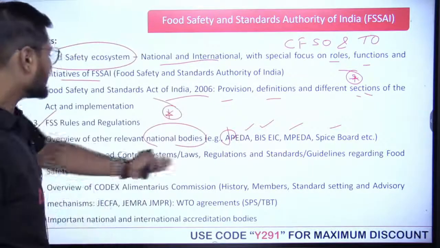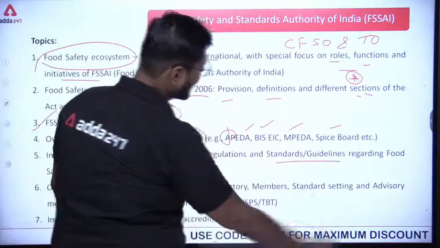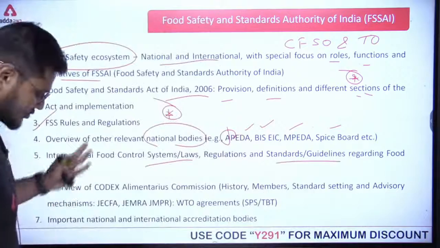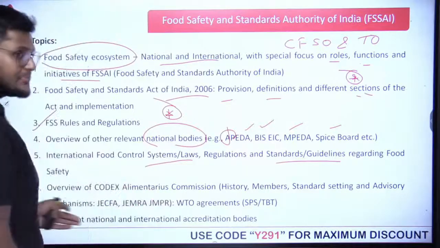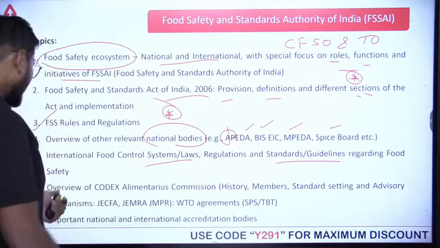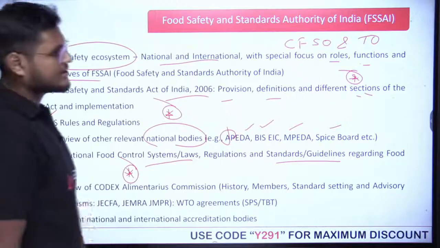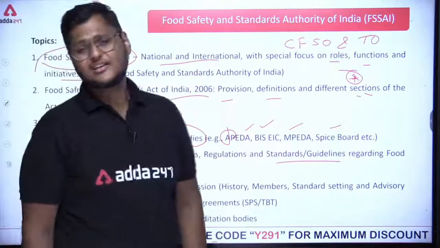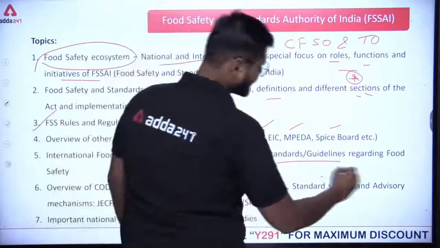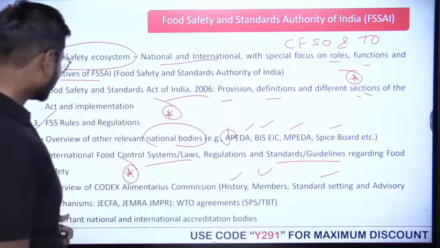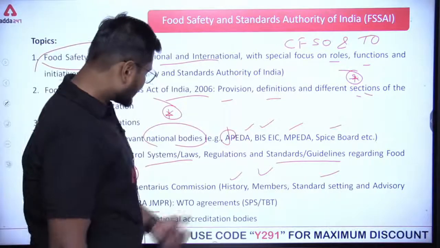Fifth, international food control systems or laws, regulations and standards or guidelines regarding food safety. What are the different international food control systems, like HACCP? Next, overview of the Codex Alimentarius Commission. What exactly is the Codex Alimentarius Commission? When did it come into existence? That is the history, the members, the standard setting and the advisory mechanisms like JECFA, JEMRA, WTO and all.